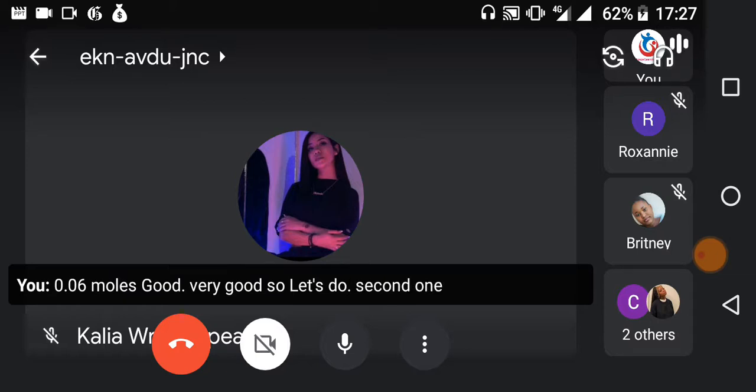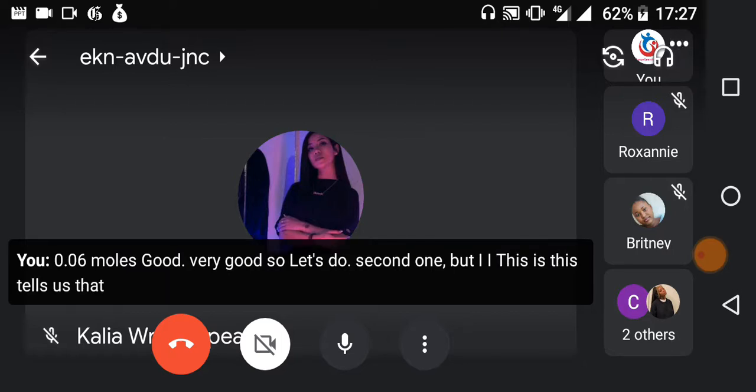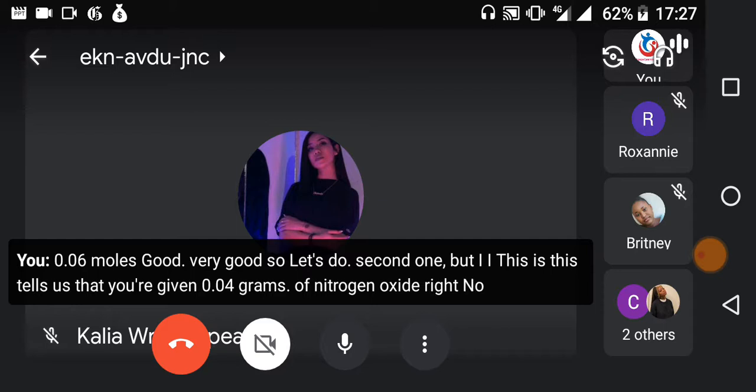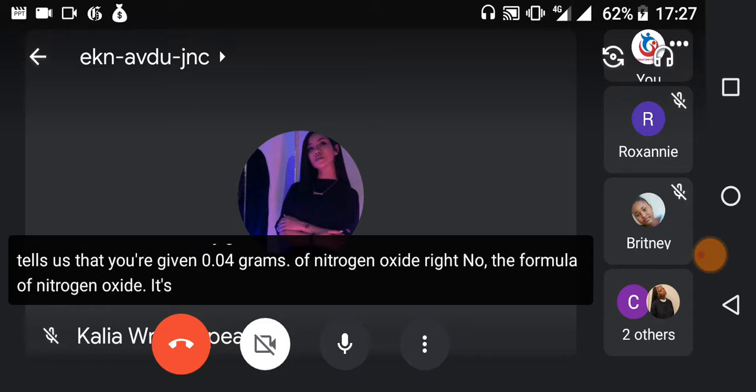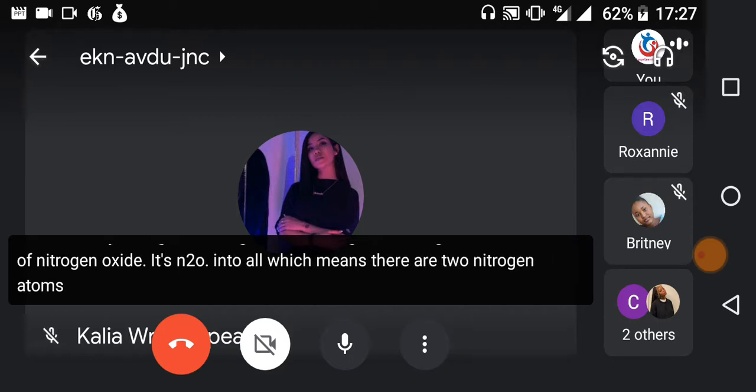So let's do the second one, part II. This tells us that you're given 0.04 grams of nitrogen oxide, right? Note the formula of nitrogen oxide. It's N2O, which means there are 2 nitrogen atoms and 1 oxygen atom.